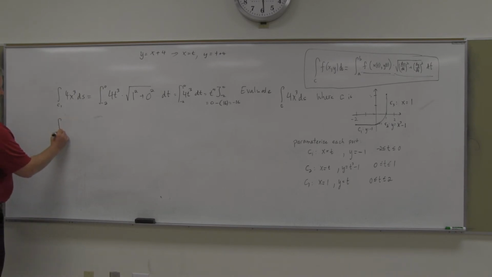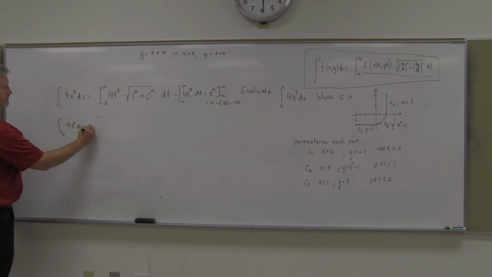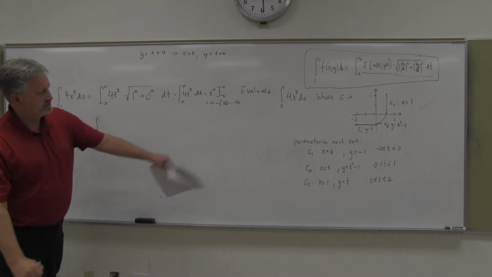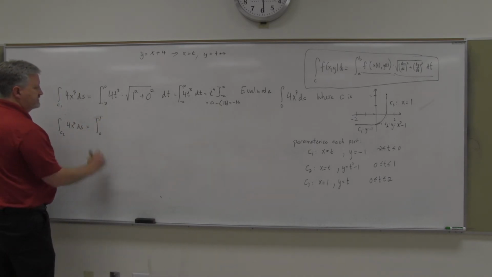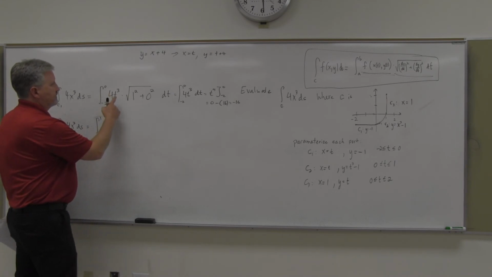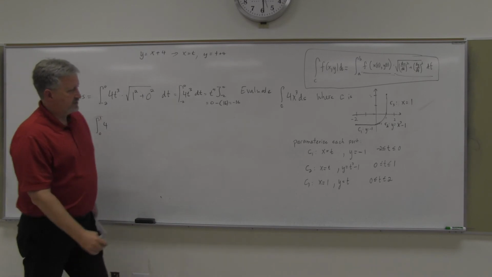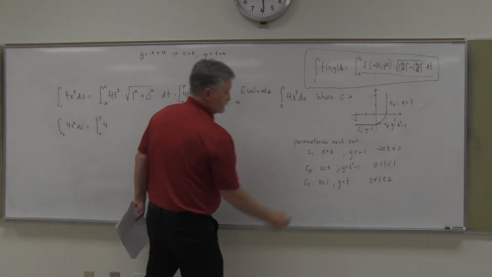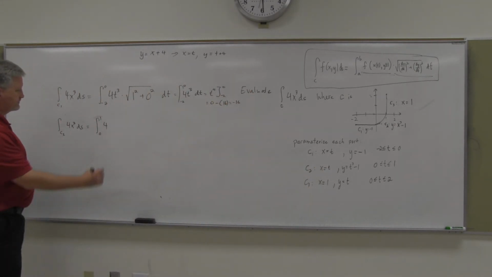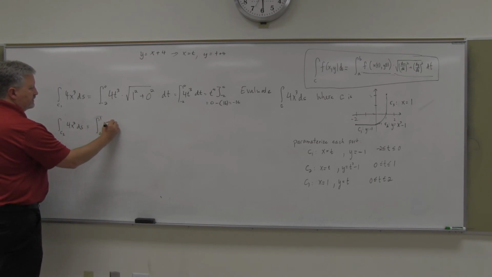Then the integral for C2 of this thing. The t's are going to go from 0 to 1 on C2. Well, x is t again in C2, so it's still 4t cubed.